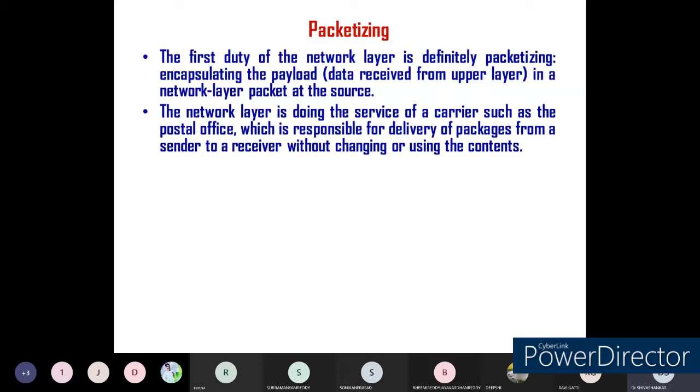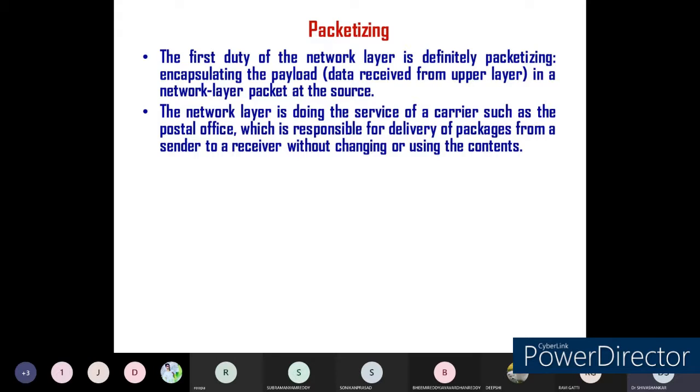contents, right? Packet should have the standard format of the data, and to which destination, means to which system it has to deliver the data. So packet should have that standard address. Here postal office is nothing but destination address, to which system that packet has to be delivered, and what is the content of the packet that should be delivered to the destination.